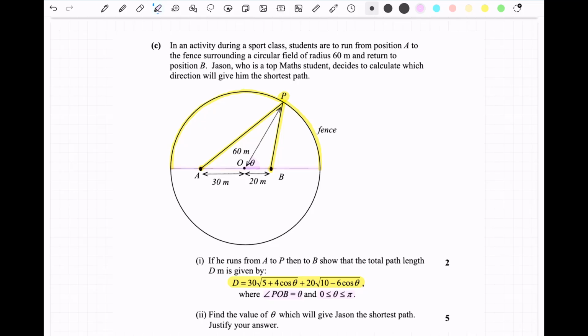So we're dealing with the top half of this circle. We're being asked to find what angle theta would make that distance from A to P to B as small as possible. That's part 2.